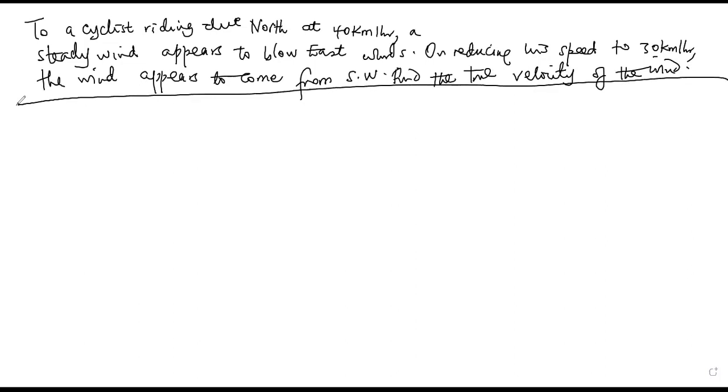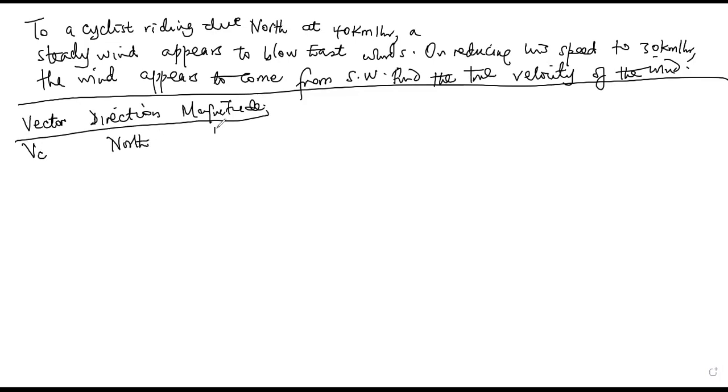That is the question. Very easy. Let's first summarize the first case. We have vector, we have direction, we have magnitude. That is for the first case. We have velocity of the cyclist, direction north, speed 40.